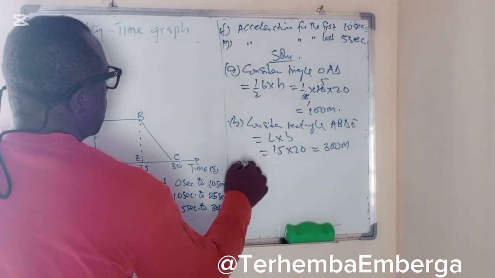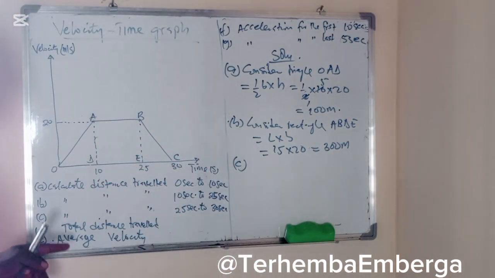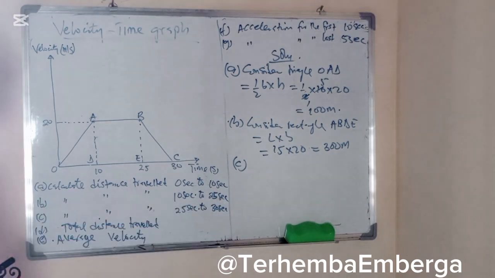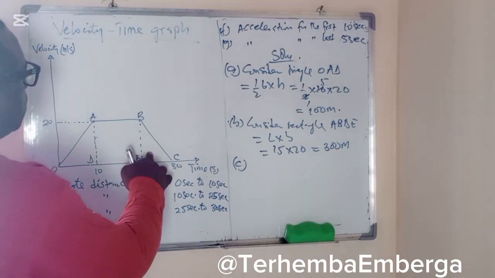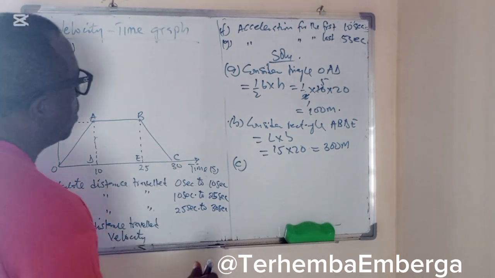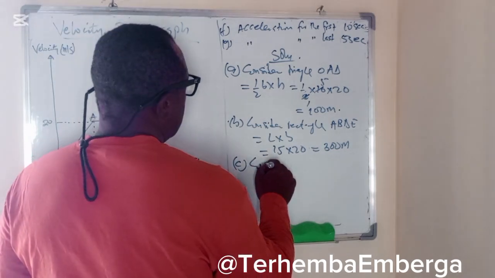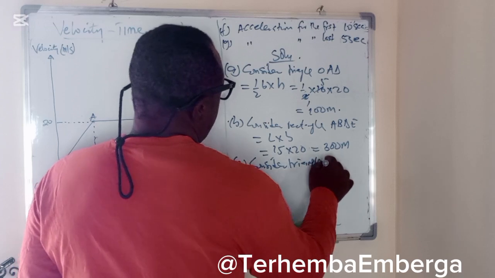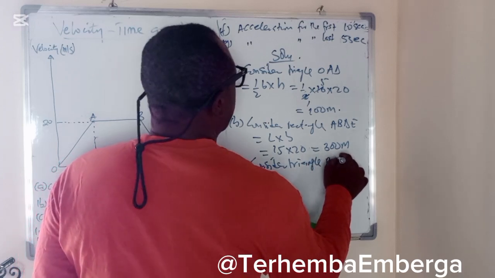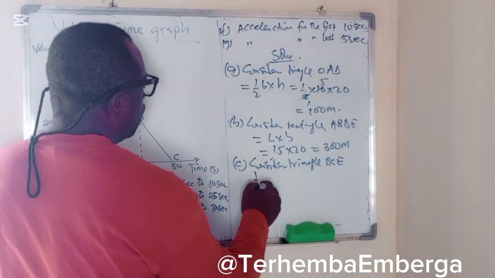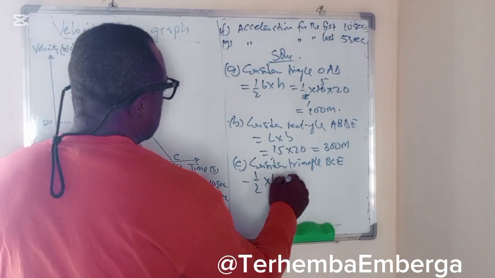Then the C part of it: calculate the distance traveled from 25 to 30 seconds. So we'll consider this triangle BCE, which is half base times height.